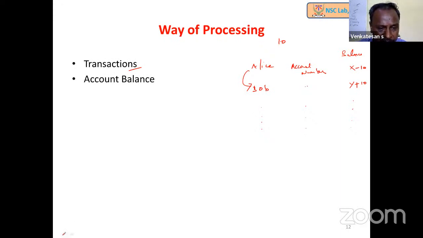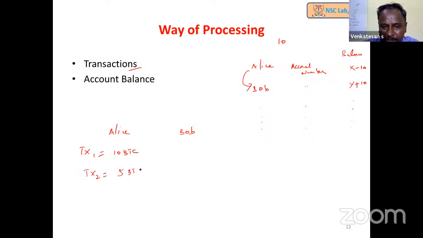Next, in case of transactions, there is no concept of balance. So let's say Alice, Bob, initially the money is getting introduced into the network in the form of coin-based transaction that we will see in the coming slides. Let's consider that there is a transaction 1 with Alice, which is of 10 BTC, and there is a transaction 2 that is with 5 BTC.